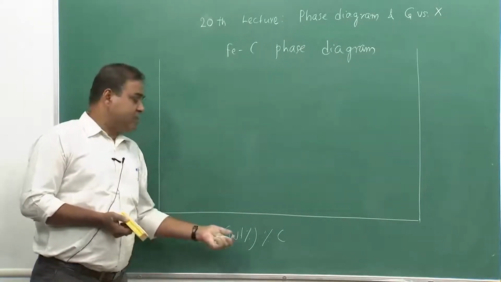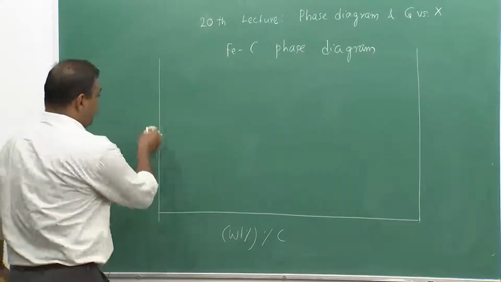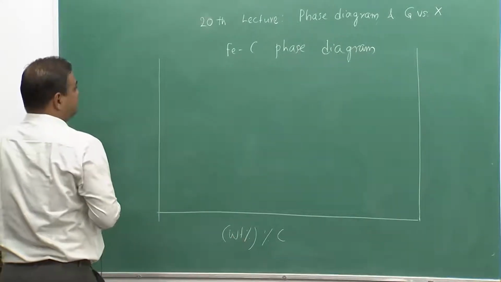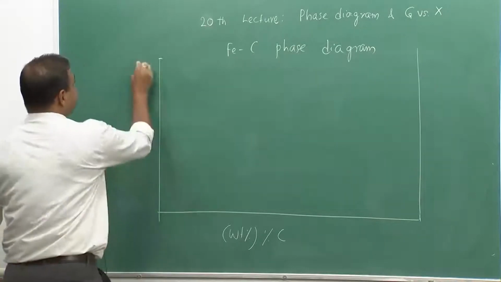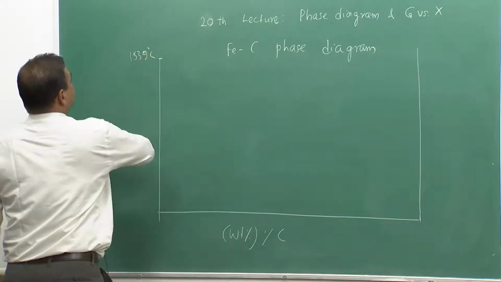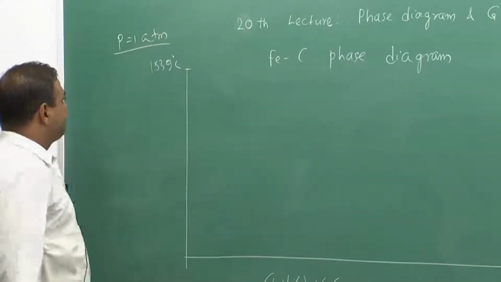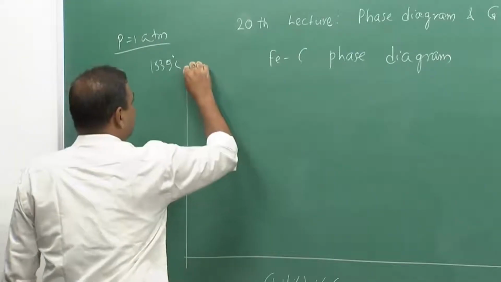Okay. So, you can convert either of these 2. Now, if I try to draw that, the iron melts at 1539 degrees Celsius and this is pressure equal to 1 atmosphere. So, the diagram looks like this.